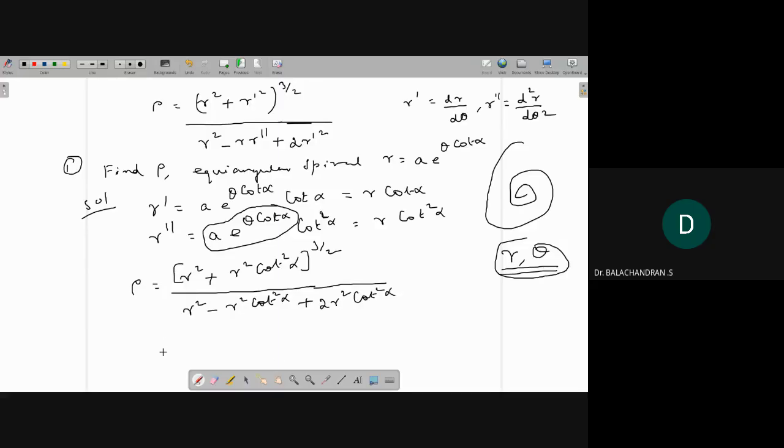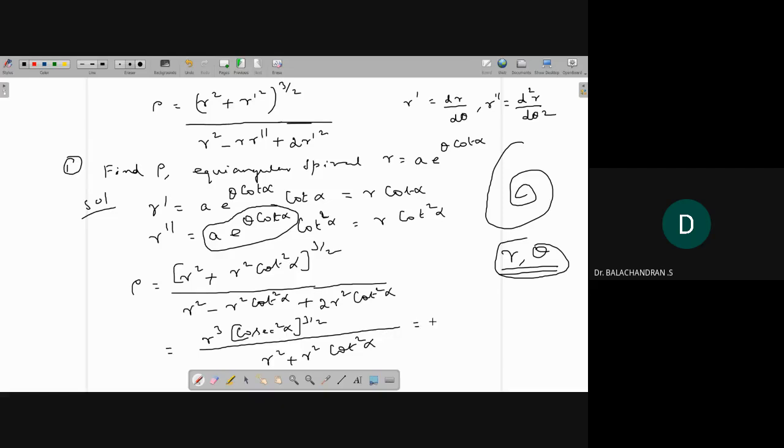Now if you simplify, take r square commonly. R square whole power 3 by 2 is r cube, into 1 plus cot square alpha, that is cosecant square alpha, whole power 3 by 2. The denominator will have r square. If you add these two, you get r square cosec square alpha.